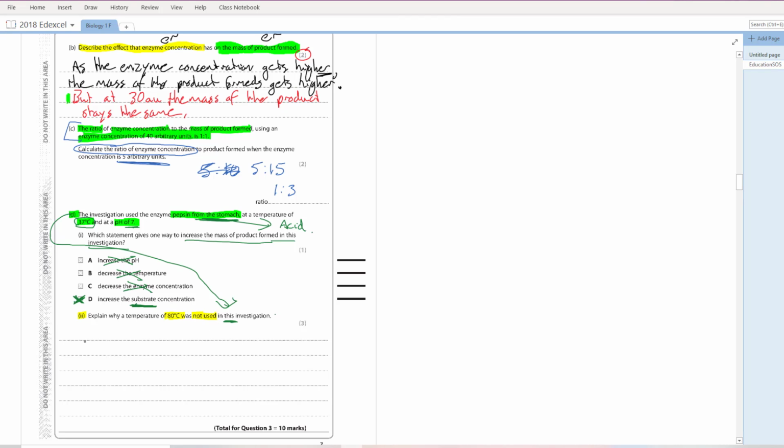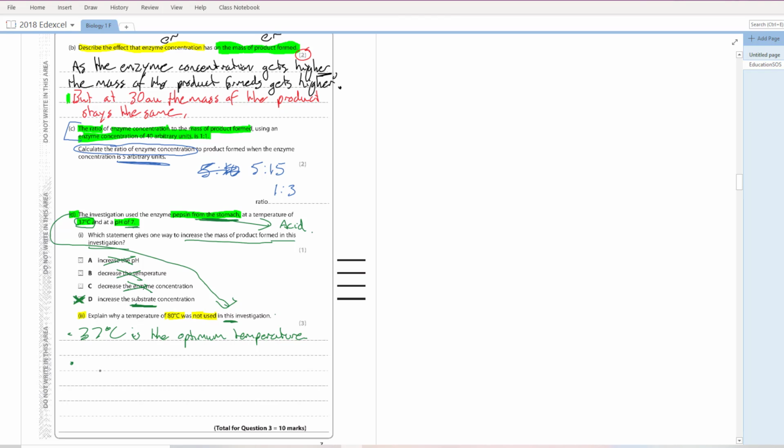So why do we not use 80? Well, simply 37 degrees Celsius is the optimum temperature. That's why it's in your stomach at 37 degrees.